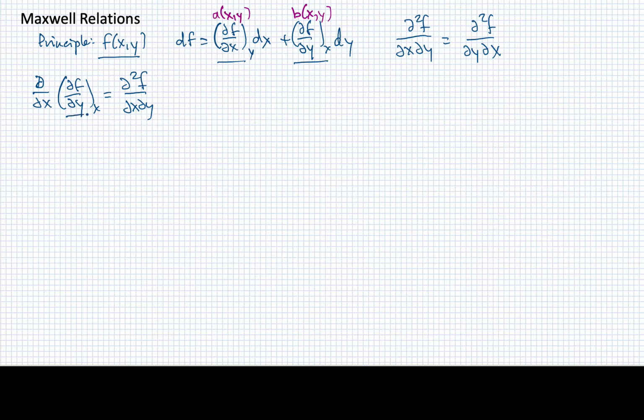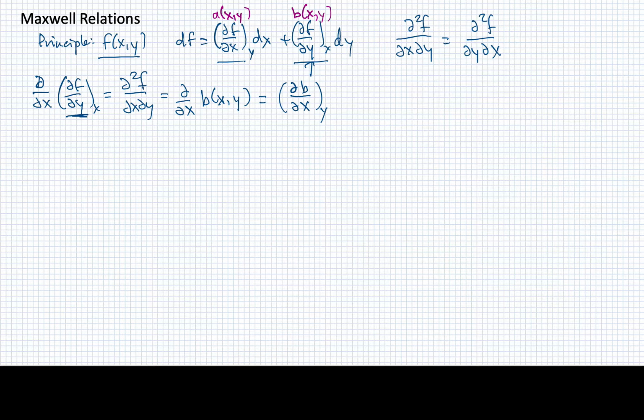But if I use my value from here, that's just b of x and y. So this is equal to the derivative with respect to x of b of x and y, or I could write that as the partial derivative of b with respect to x, with y implicitly as a constant.